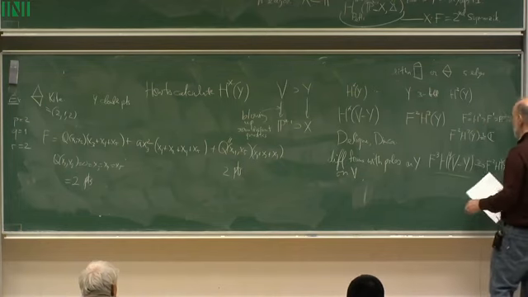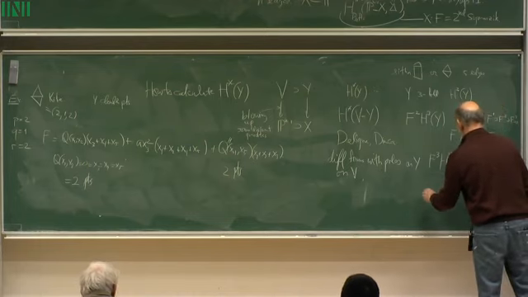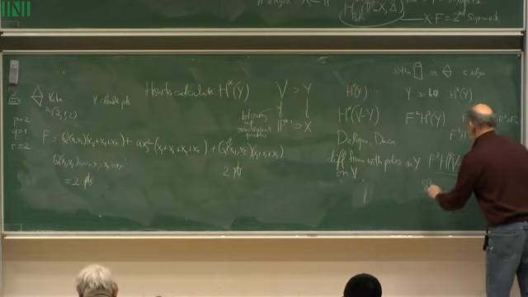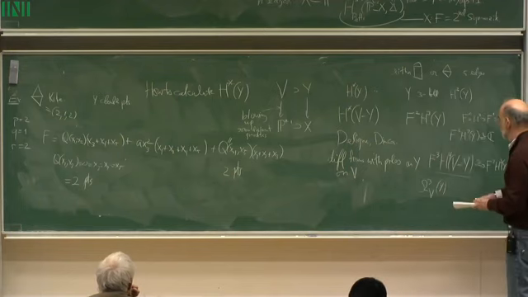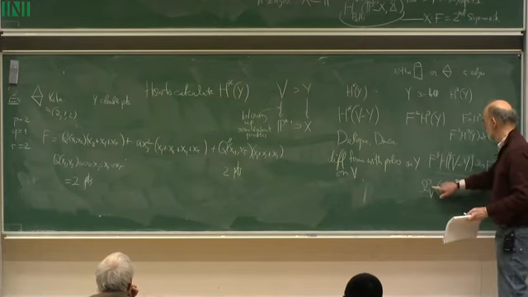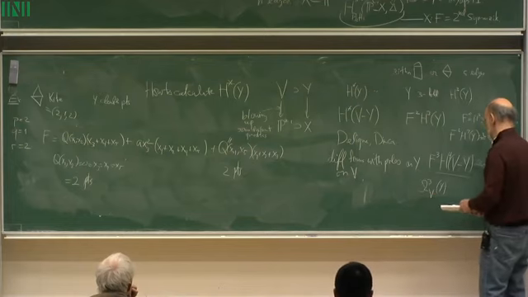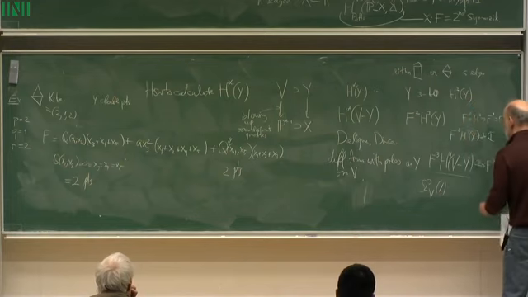And they tell us that I can understand this by looking at the following thing. I'll look at omega 3 of v with simple poles on y. So this means differential 3 forms on v with a simple pole on y.